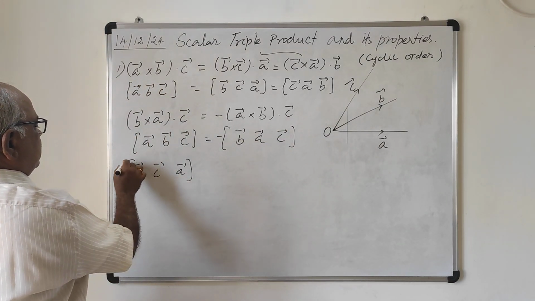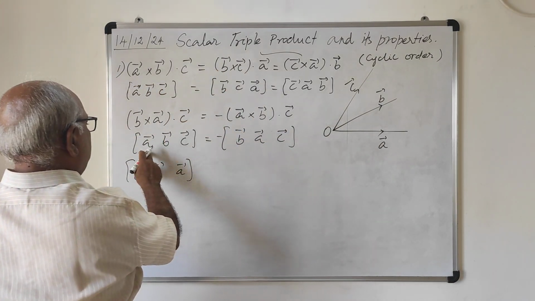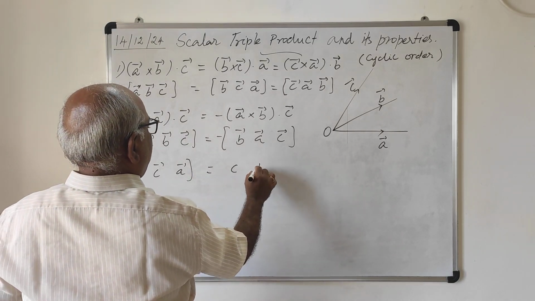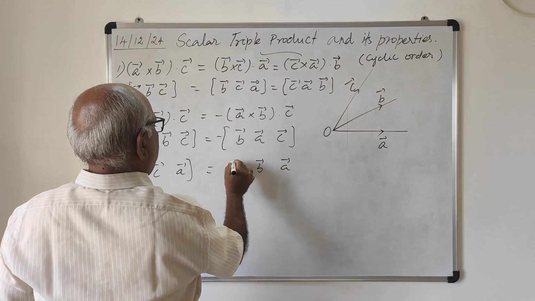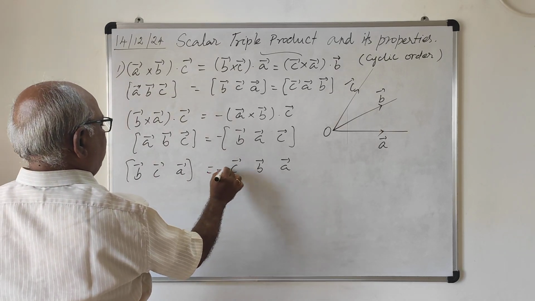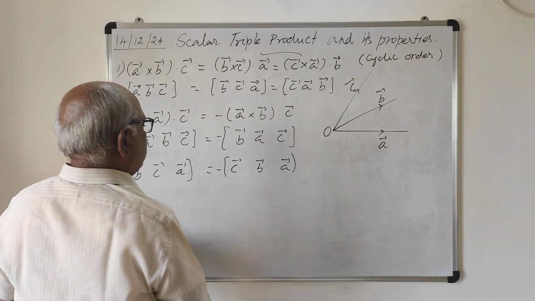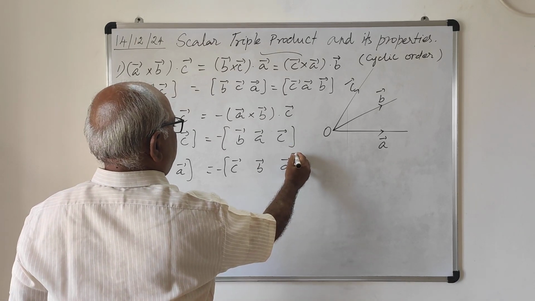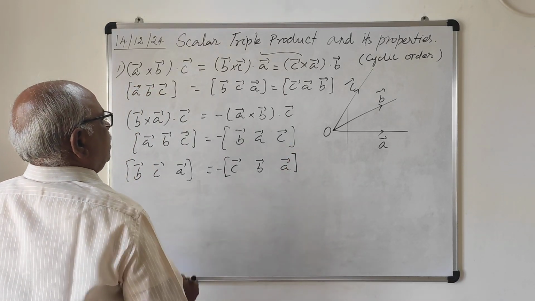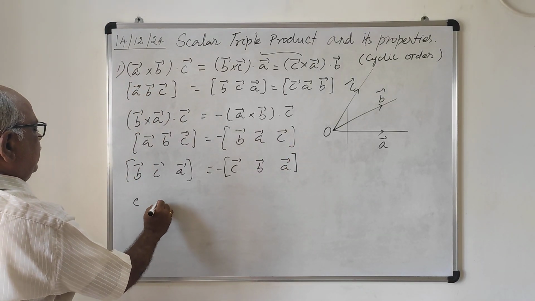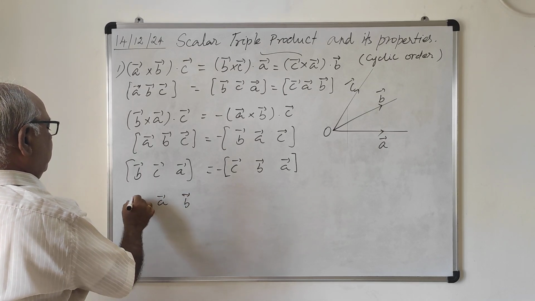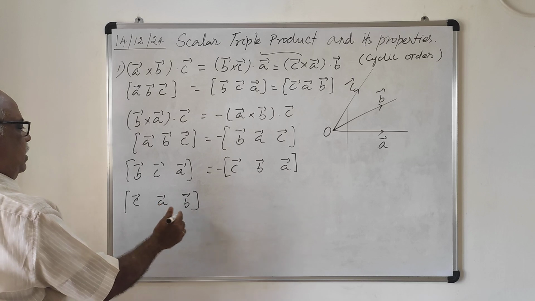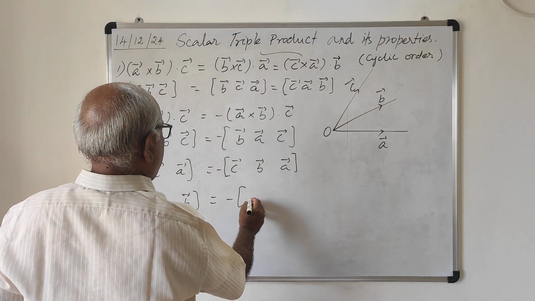Similarly for ABC, BCA, if you change the order to CBA, you will get the negative box product. The sign of the box product is changed. Similarly, CAB, if you change it to ACB, the sign will be changed.